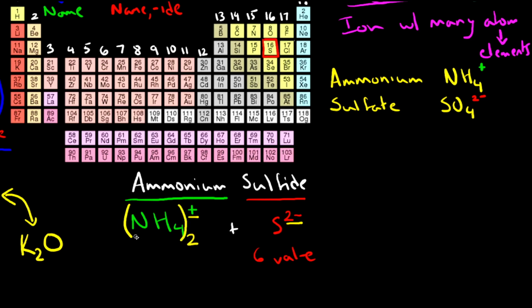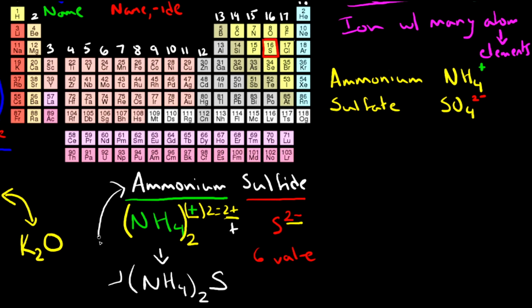So that tells us that we have 2 of this entire group. And that multiplies our charge by 2, giving us a 2+, which does cancel out with 2-. So you can rewrite ammonium sulfide as (NH4)2S. So that's ammonium sulfide. These two are interchangeable.